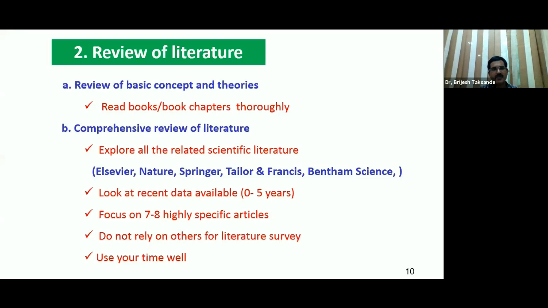Then review of basic concepts and theory. I would recommend you only refer to reference books for these basic concepts and theories. Don't look on Google or PubMed or any platform available online for the basic concepts. Refer to books only, book chapters thoroughly.